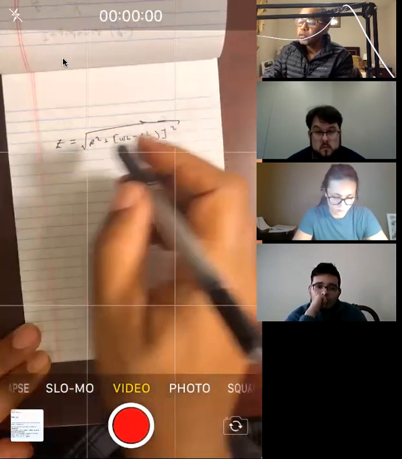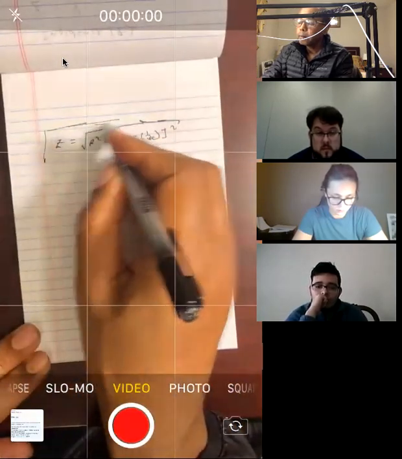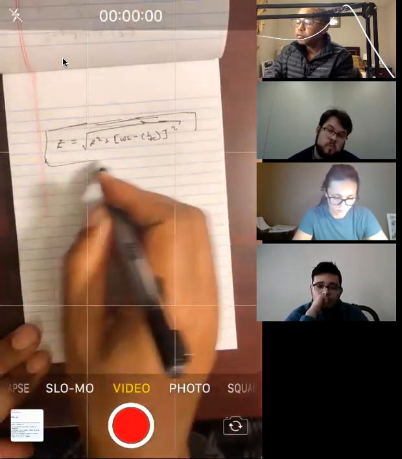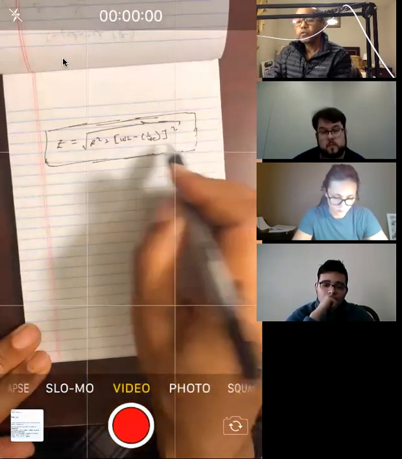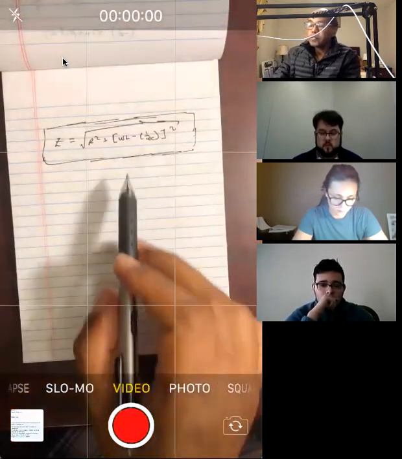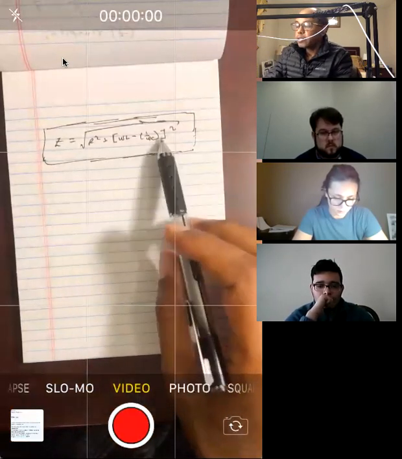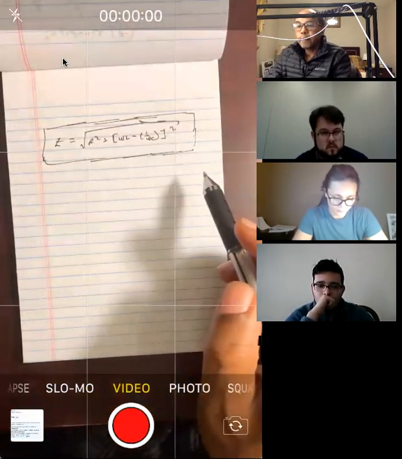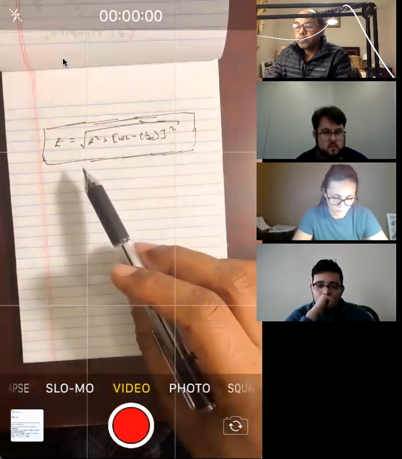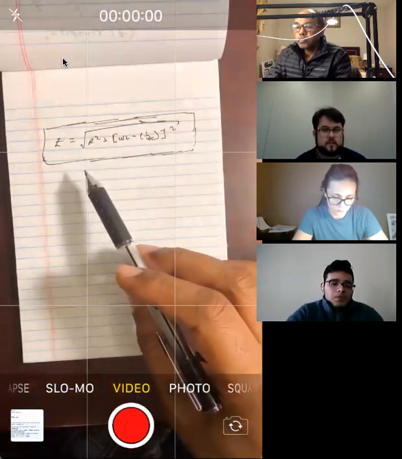So this is a formula for the total impedance of the circuit. This also depends on the frequency through the dependence of the inductive reactance and capacitive reactance on frequency. So that's how we calculate the total resistance of the circuit.